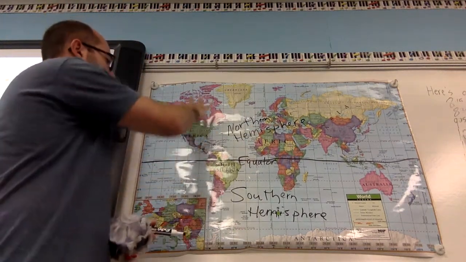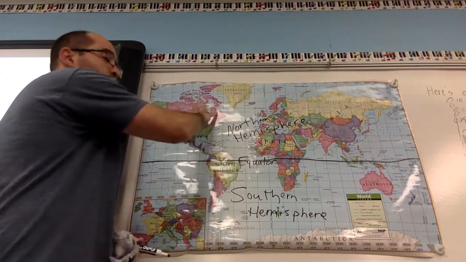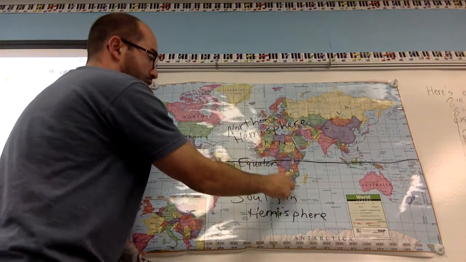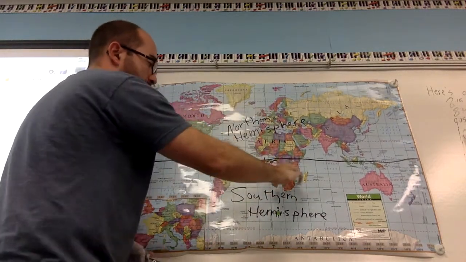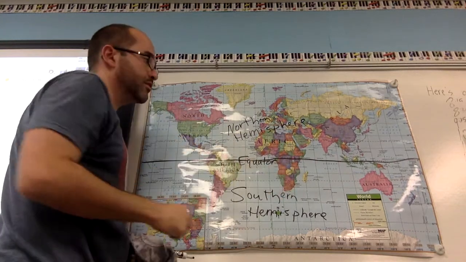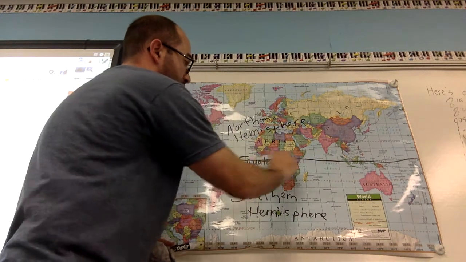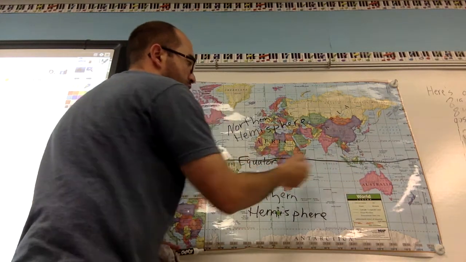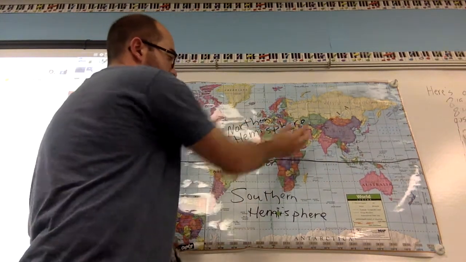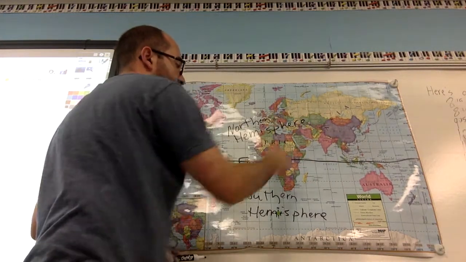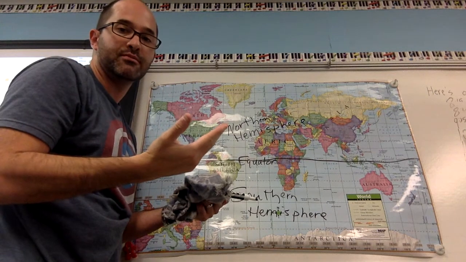So clearly we're located north of the equator, so we're in the northern hemisphere. Clearly South Africa is located south of the equator, so it's in the southern hemisphere. Clearly Australia is located south of the equator, so it's in the southern hemisphere. Iran, here's the equator. Iran is north of the equator. It's in the northern hemisphere.